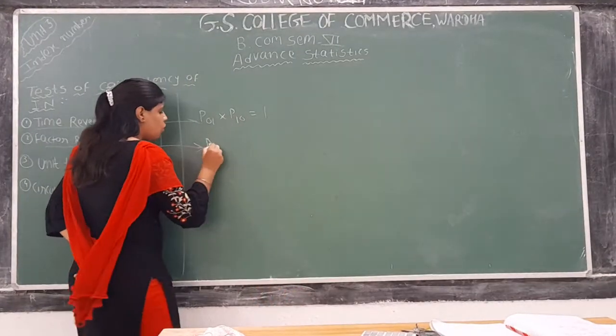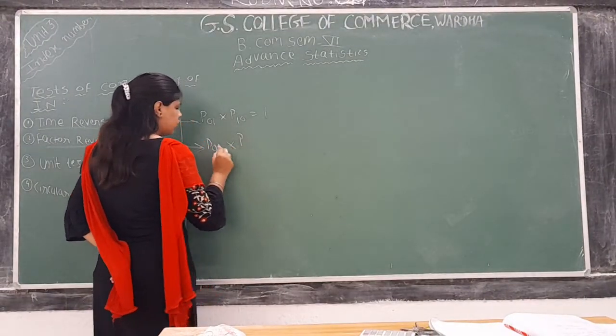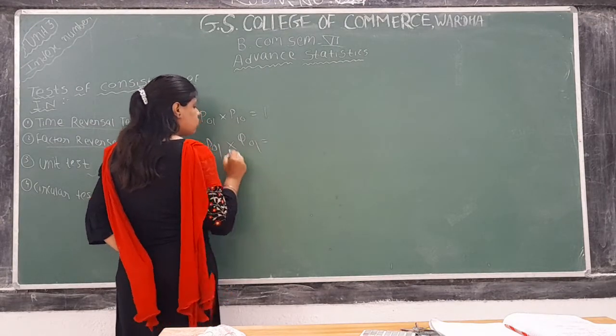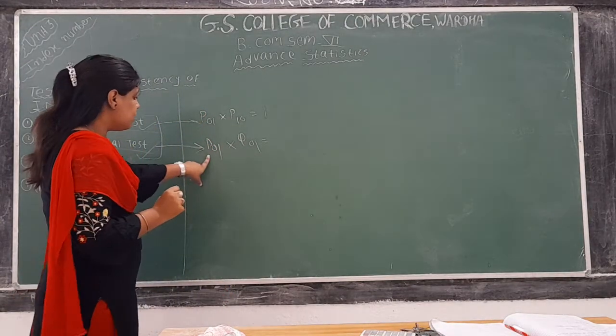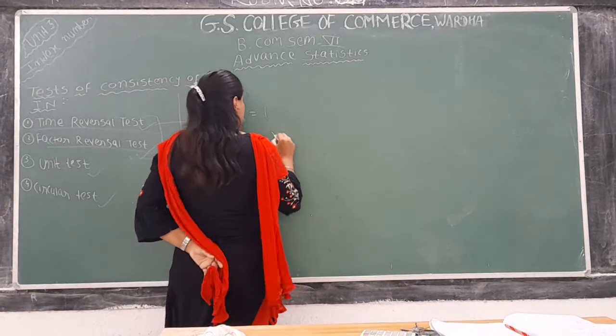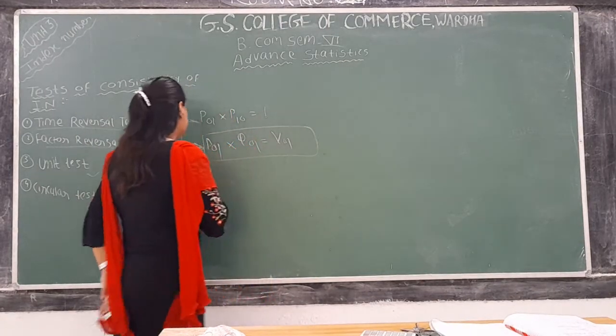Like this, P01 refers to the price index, Q01 refers to the quantity index, and this P01 into Q01 should be equal to V01. Okay, then only this test gets satisfied.